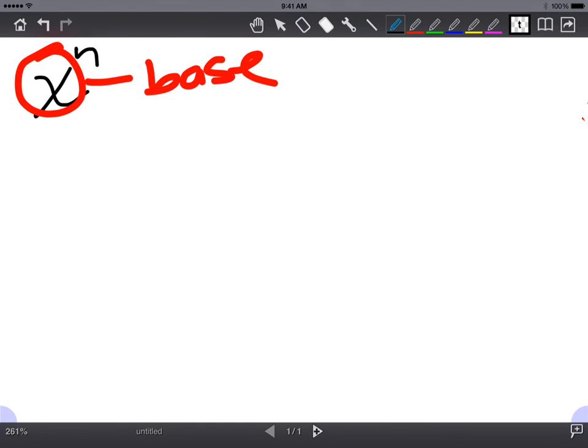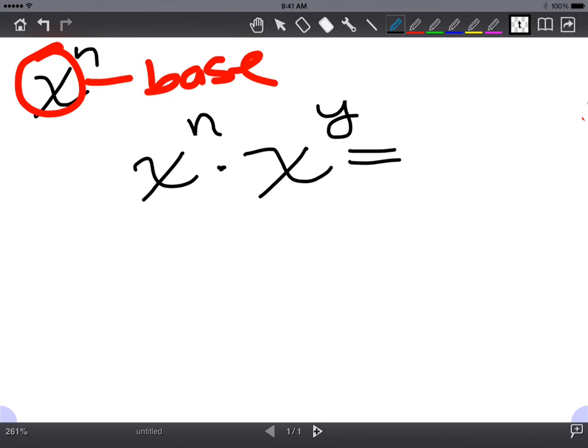So if you have two common bases, so let's just use our x example, x to the n times x to, let's say, the y, these are both numbers, you get your answer as x to the n plus y. And many of you are going to be like, what? What is he talking about now? But don't worry, it'll all be clear.